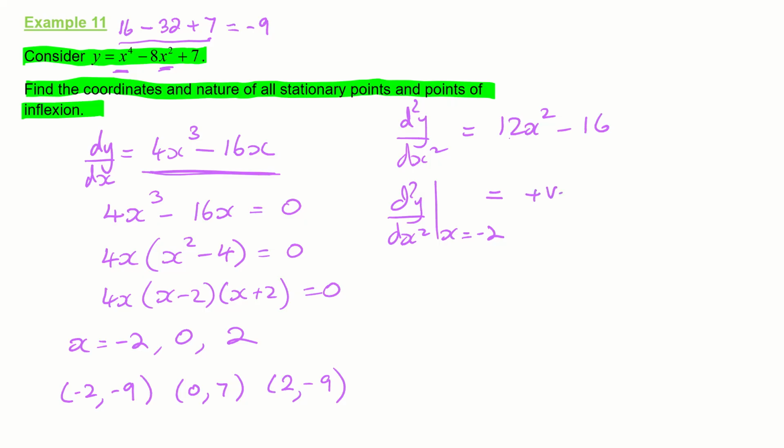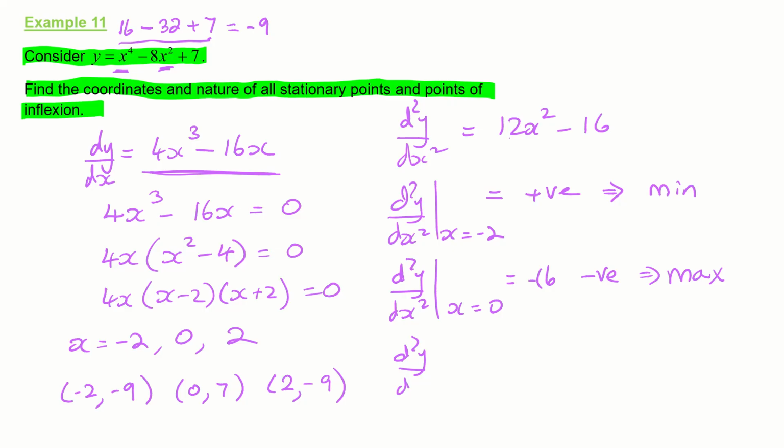That's going to be positive, and that implies that we have a minimum. Then d2y/dx squared, given that x is 0, is going to be negative 16. So that is negative, which implies that we have a maximum. And then d2y/dx squared, given x equals 2, once again is 12 times 4 take 16. That is going to be positive, so we have a minimum.